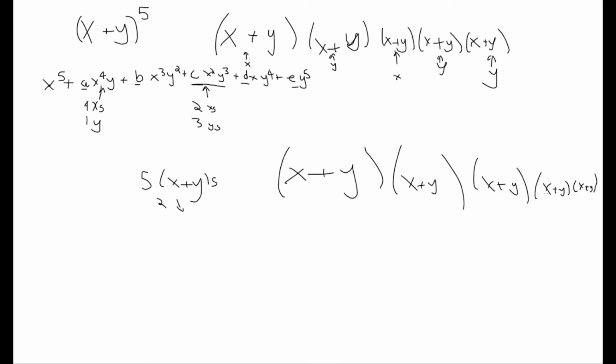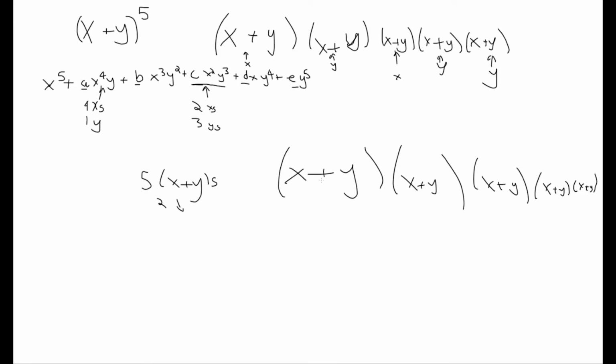So we want to know how many different ways 2 of these can be x's. Because in finding that out, we're basically finding out how many different ways 2 of them can be x's and 3 of them can be y's. Because if 2 of them are x's, then the other 3 will automatically be y's.